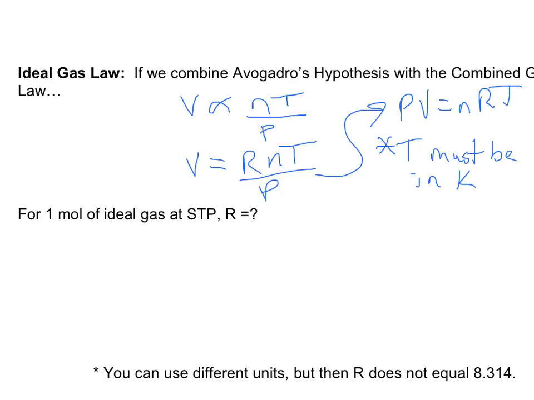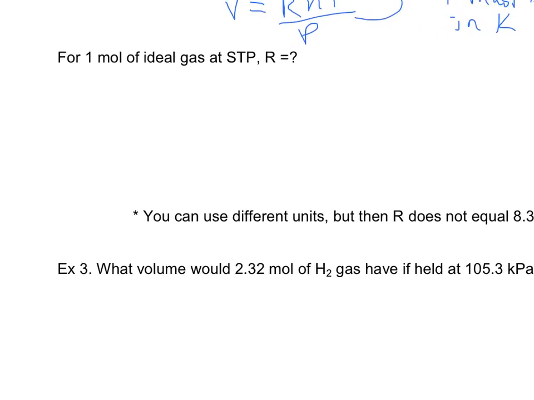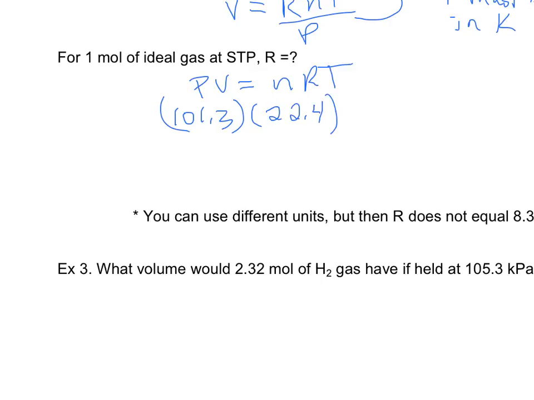So let's figure that out by taking a fictitious 1 mole sample of gas at STP. If we sub in the values, at STP the pressure is 101.3 kPa. Because I have a 1 mole sample at STP, I know the volume is going to be 22.4 liters using Avogadro's molar volume shortcut.